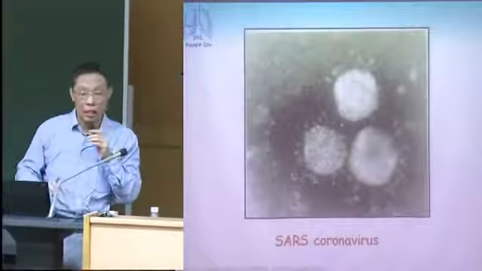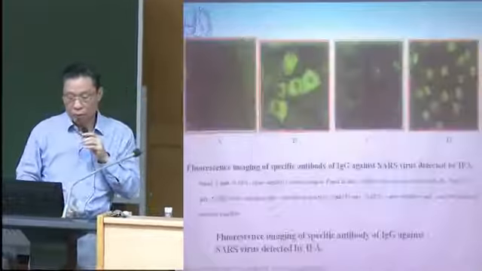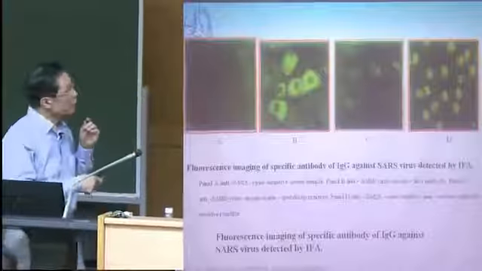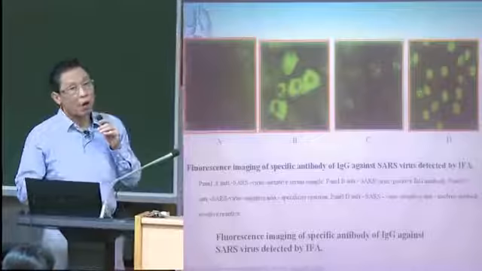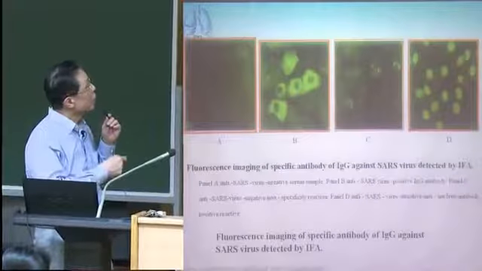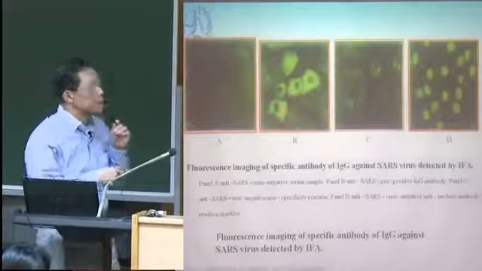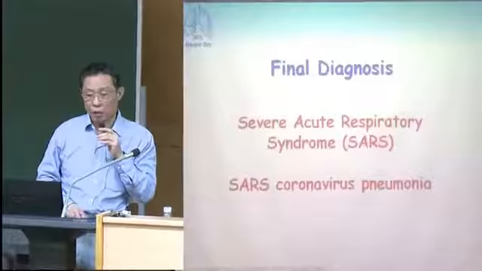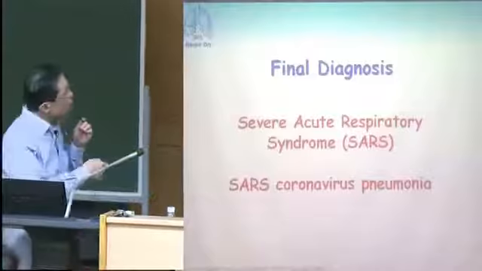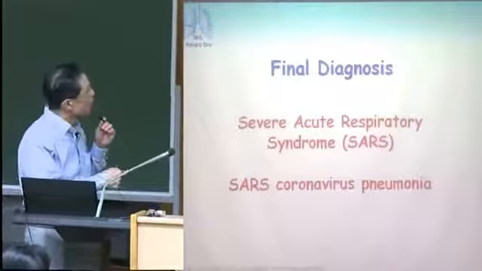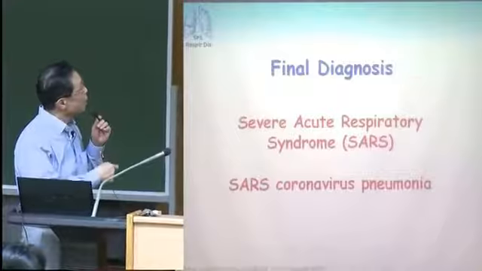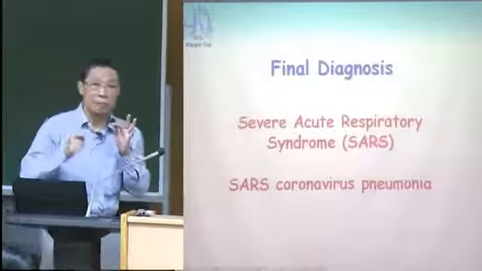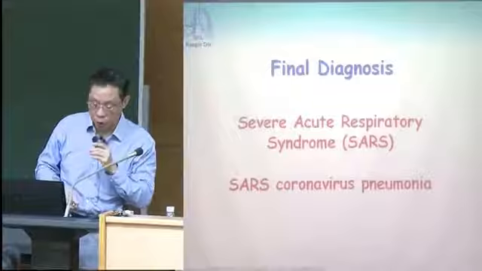It's not chlamydia. Also, after onset, we could detect the antibody to SARS coronavirus by fluorescence imaging. So at this time we had the final diagnosis. The pathogen was SARS coronavirus pneumonia, and the clinical type is called SARS. That's defined by the WHO.